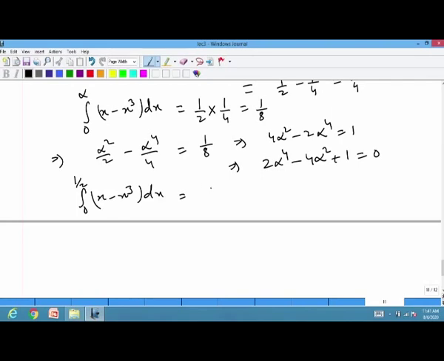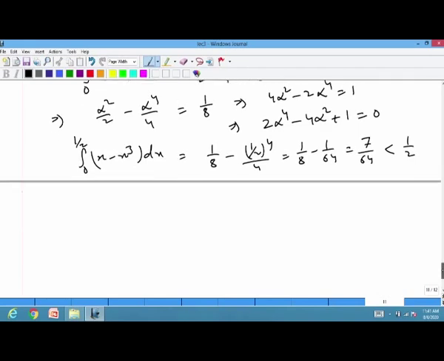So, this will be 1 by 8 minus 1 by 2 to the 4 by 4. So, this is 1 by 8 minus 1 by 64, which is 7 by 64, which is less than half. So, if we integrate from 0 to half, we get the area which is less than half.